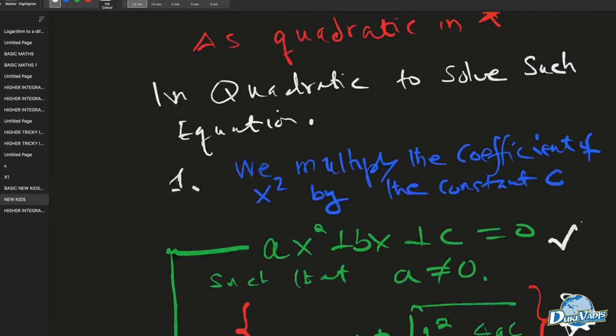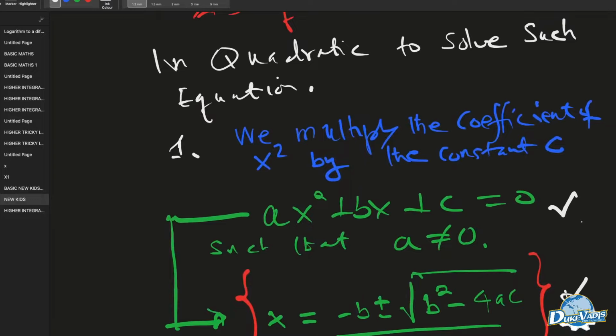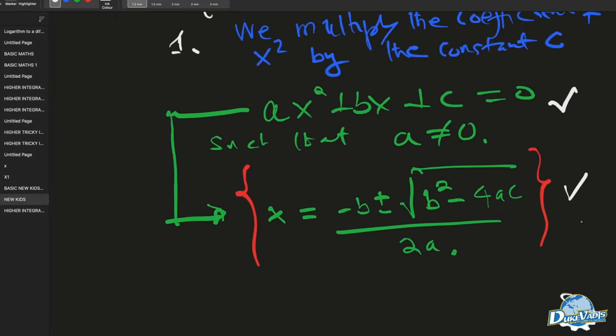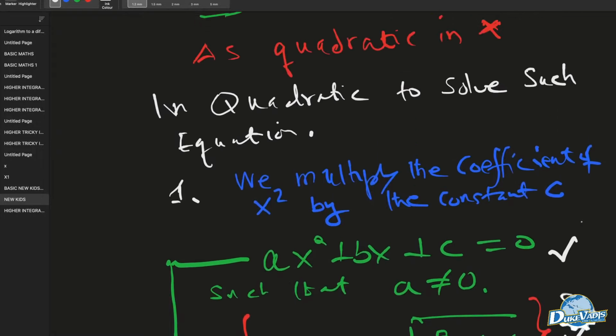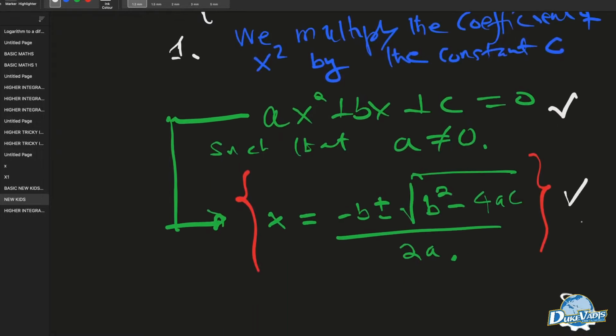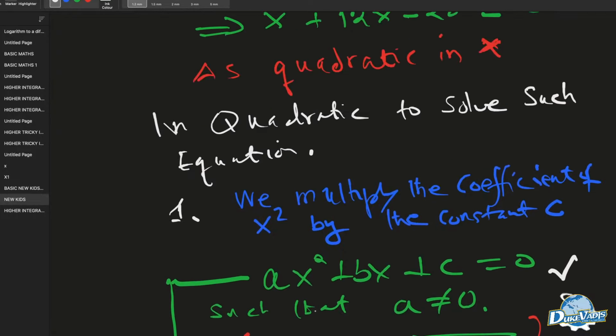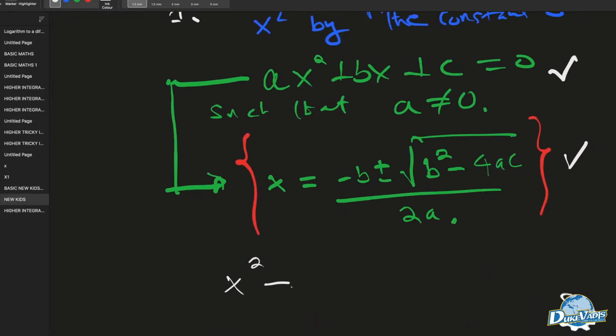If we compare the equations, that is our equation. Let me write it down again. It is x squared plus 12x minus 28 is less than or equal to 0.